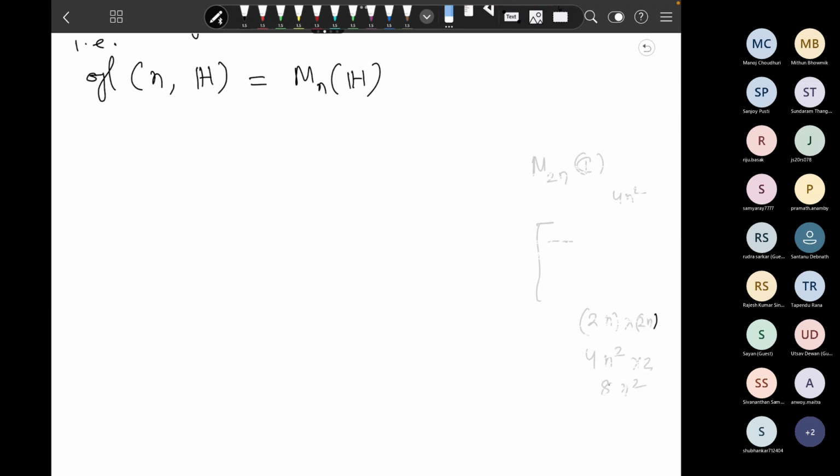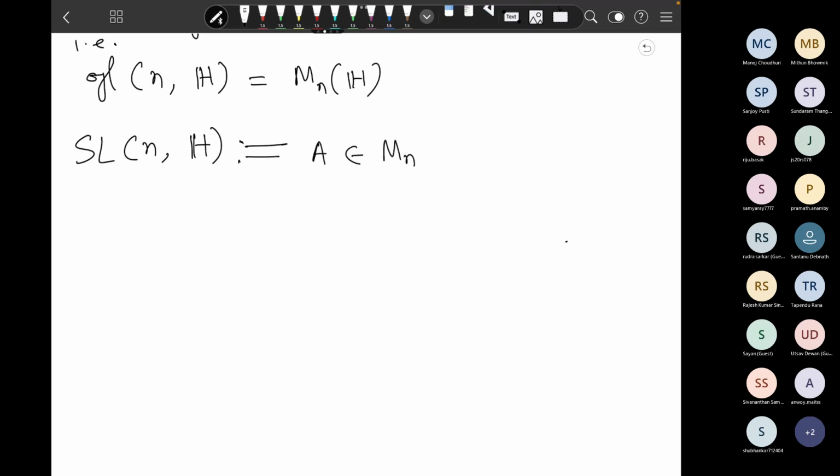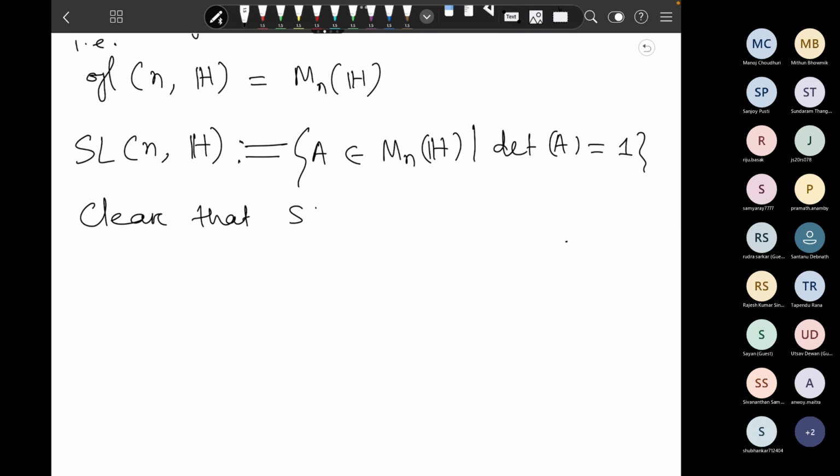So this is the system. Now I define a new group, SLnH. This is the same thing as A belongs to MnH such that the determinant of A is equal to 1. The determinant is the new notion of determinant. Now it is clear that this SLnH is a group.